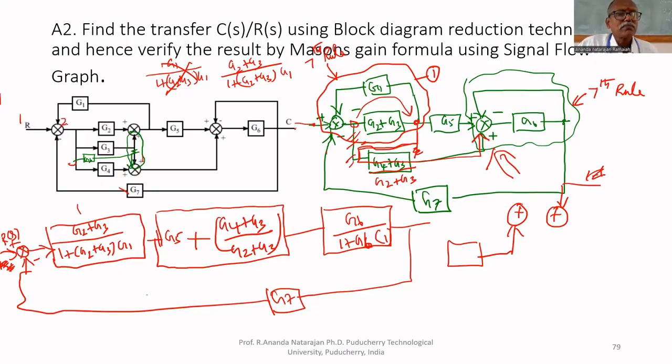So this is the second node, third node. This is the fourth node. This is the fifth node, sixth node, seventh node. This is the eighth node, ninth node. This is the 10th node. This is the 11th.